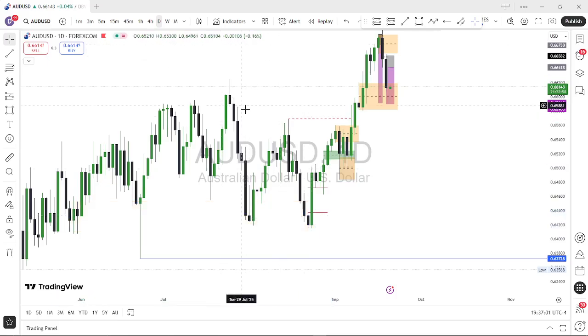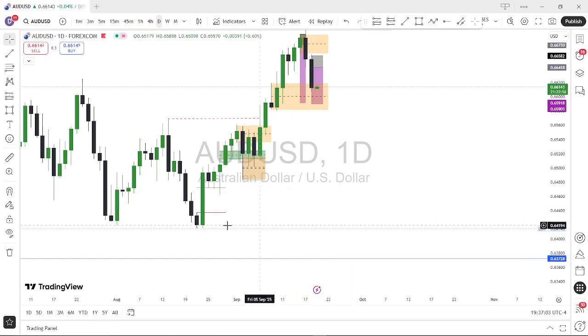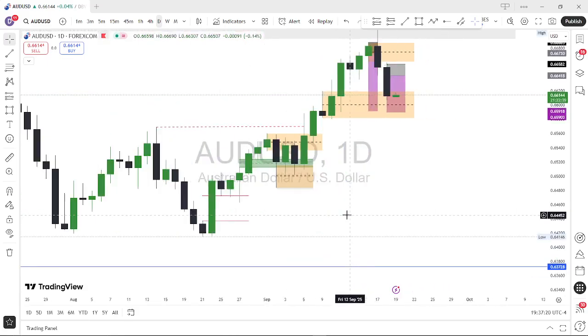So let's take this out. This Thursday's candle, Friday's candle, and Monday's candle, three candles, form what we call a fair value gap. This is the Thursday's high, which I outlined, and this is the Monday's low, which I also outlined.